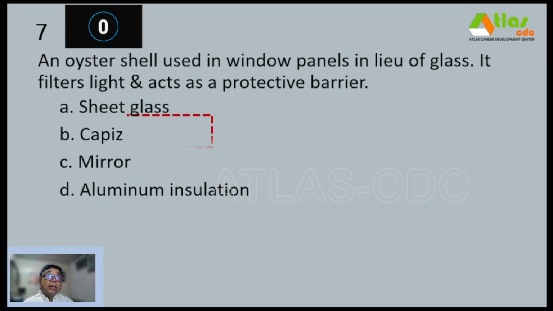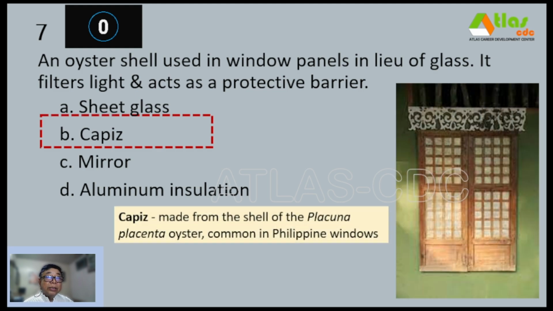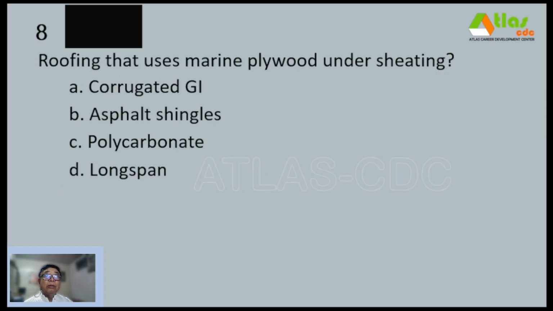And our correct answer is letter B, capiz shell. So the capiz is made from the shell of the Placuna placenta oyster and common in Philippine windows. Number 8, roofing that uses marine plywood under sheeting. A. Corrugated GI, B. Asphalt shingles, C. Polycarbonate, and D. Long span.